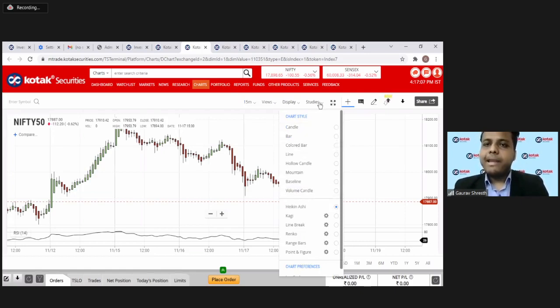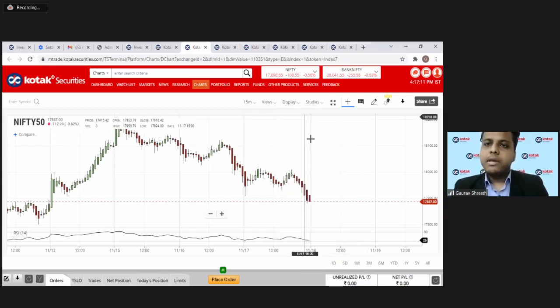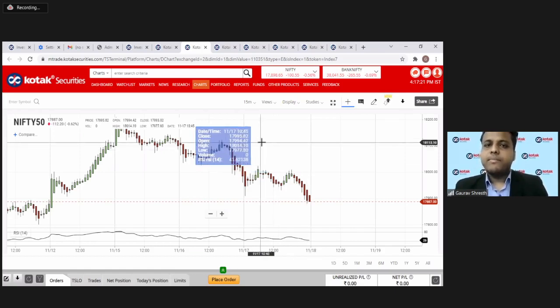Apart from adding the indicators and different kinds of candlesticks, you can also use tools such as trend line or support and resistance. You can draw that. You can also add text in the charting facility. So these are, just to give you in brief, the entire facilities required from a trading perspective. All the features are available for charting.